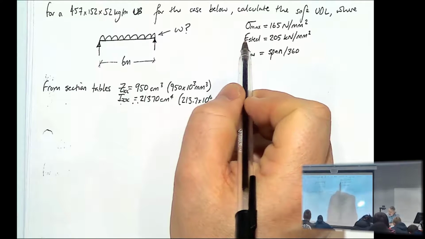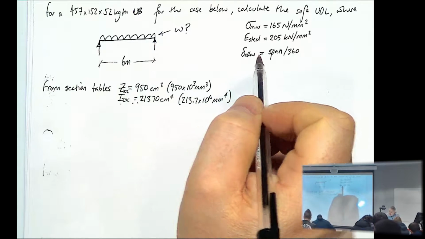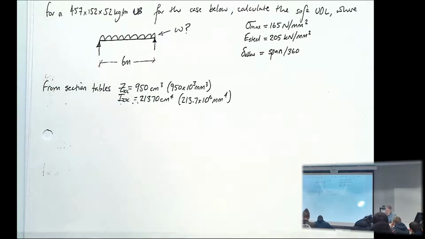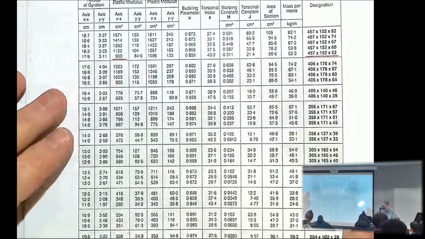We're given the E value for steel, and we're told our allowable deflection is span over 360. So you can find all of the details within the table.